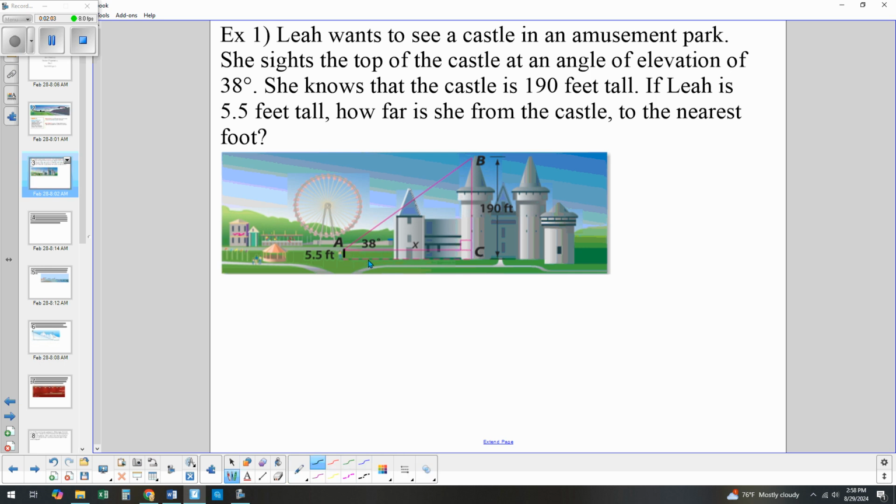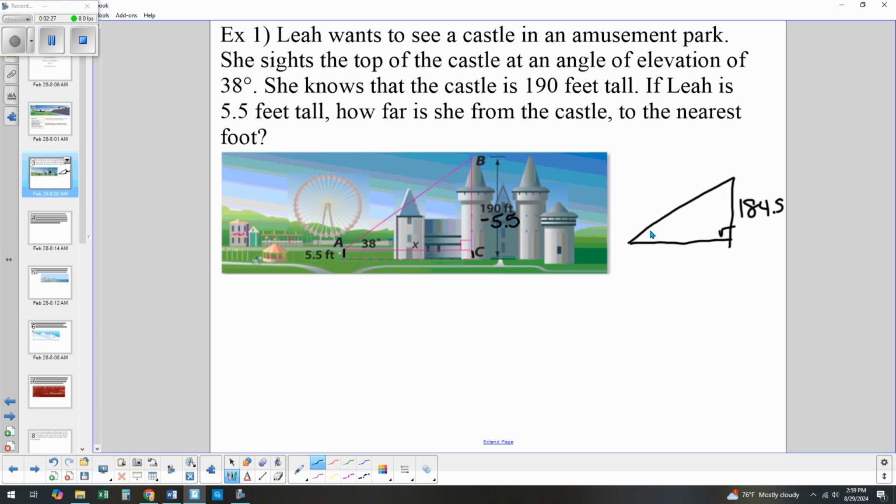So this 5.5 feet that's hovering underneath the triangle was already included in the height of the building, the 190. So I would have to take away the 5.5 to find out the height of just the triangle. So if I do 190 minus 5.5, I get 184.5.